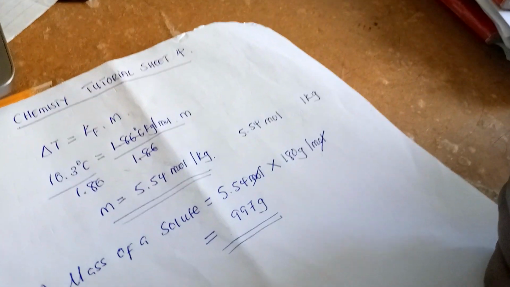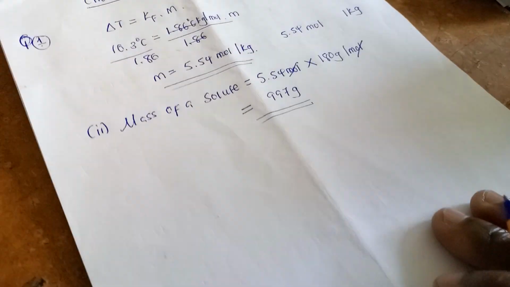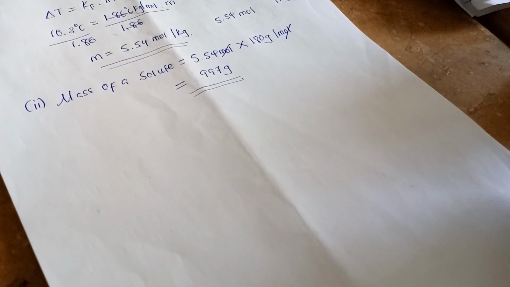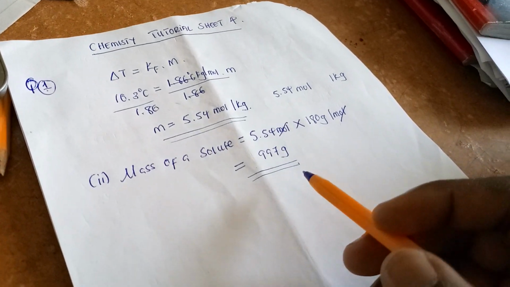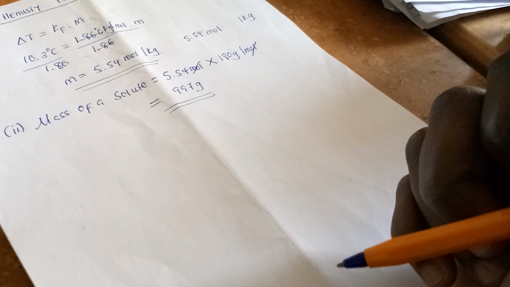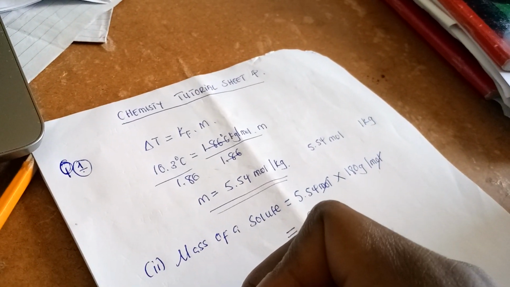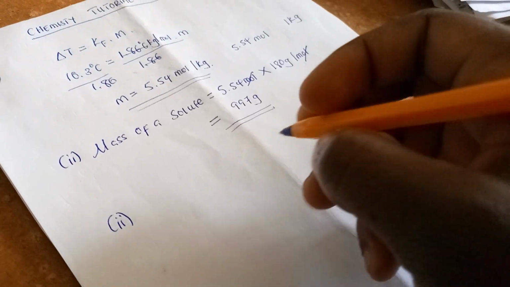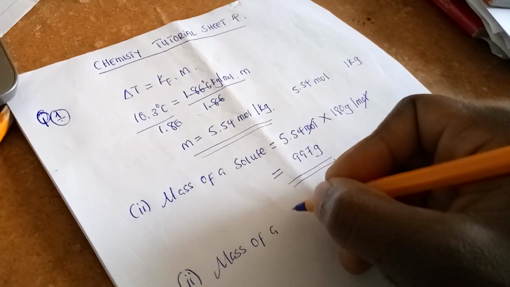Now we have to find the mass of the solution, because we are finding the molarity of the glucose solution, and this is just the mass of the solid. So let's write 2: we are finding the mass of the solution.